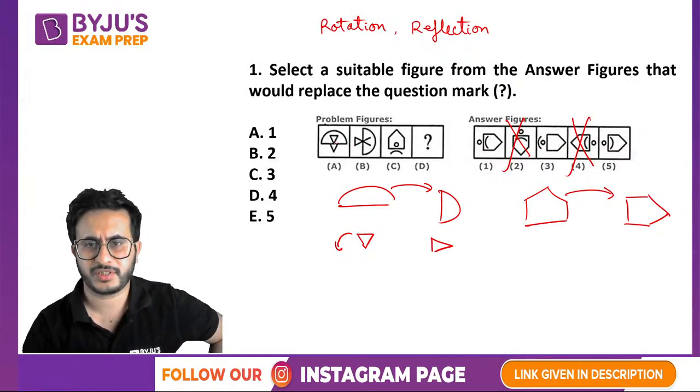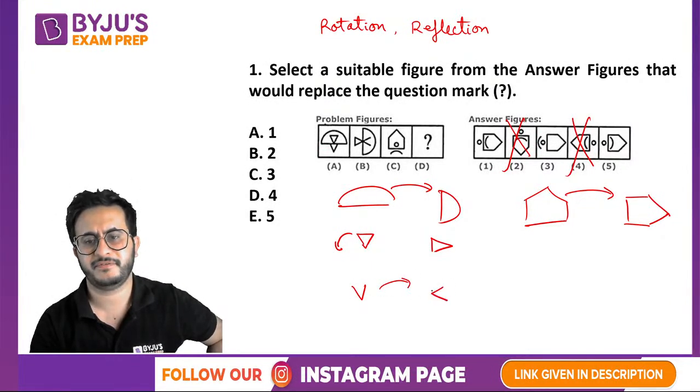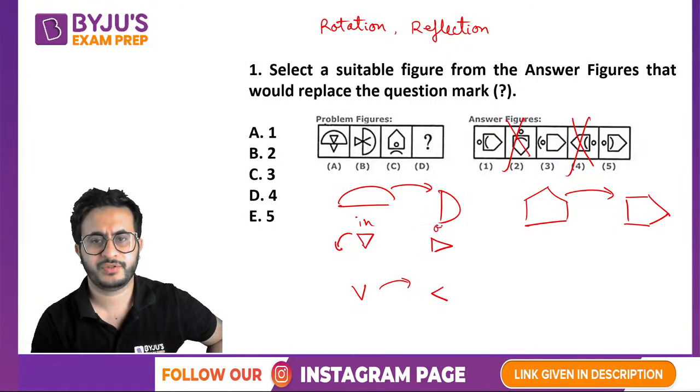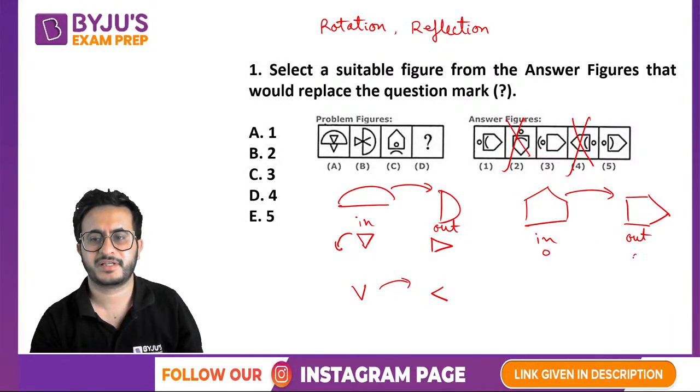Or the triangle that was inside, so circle will come outside but will not have any effect. Now the third element is this V shape. And V shape got rotated in this direction, it went inside. So it was in and it came out. Circle, if it is in and out, it will remain as circle itself.